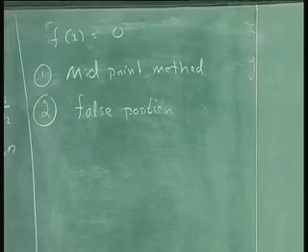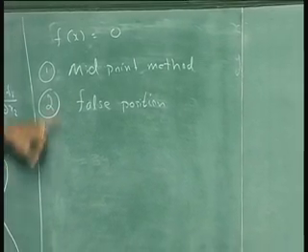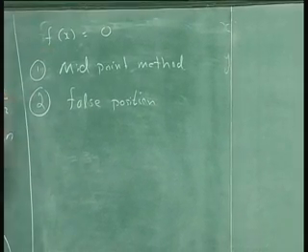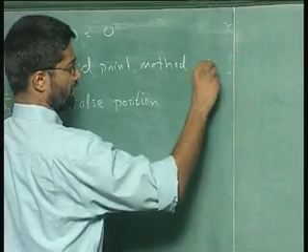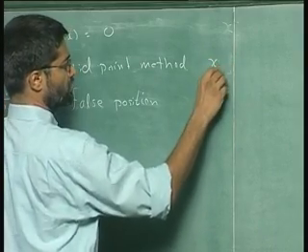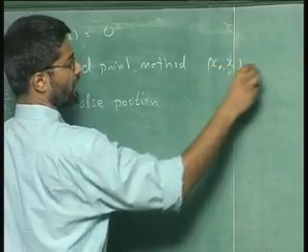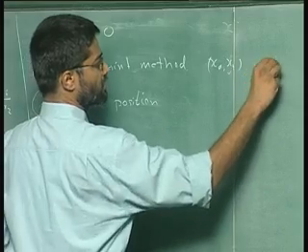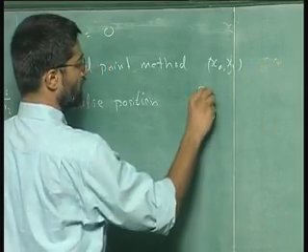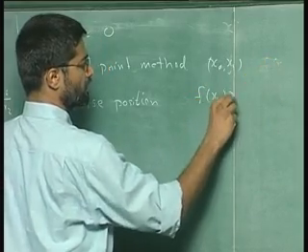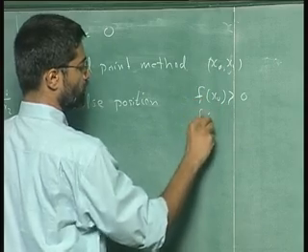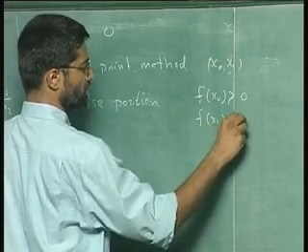That also required that we have guess values on either side of 0, that is we had guess values x0 and x1, such that f of x0 is greater than 0 and f of x1 is less than 0.